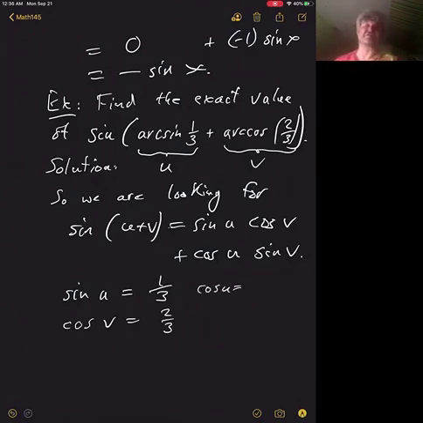A little trickier, the cosine of U. For that one, we need to use Pythagoras. So this is going to be plus or minus the square root of 1 minus 1/3 squared.